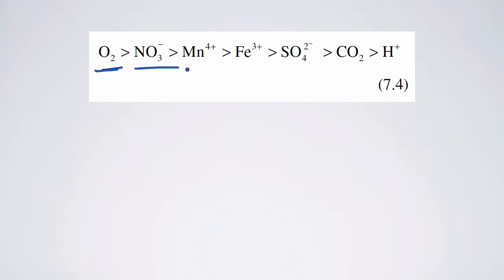After oxygen, nitrate is generally the second best electron acceptor. And that generates a process called denitrification. Denitrification is the transfer of electrons from organic matter to nitrate.